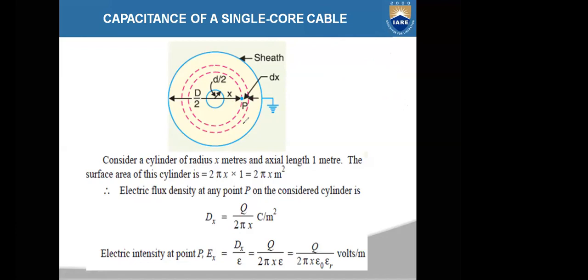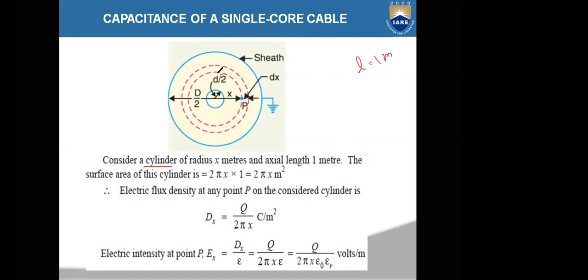To derive the expression for the capacitance of a single core cable, you consider a cylinder, or a small layer, at a distance of x meters, and the length of the cable is L. For the calculation, let us consider L to be 1 meter.